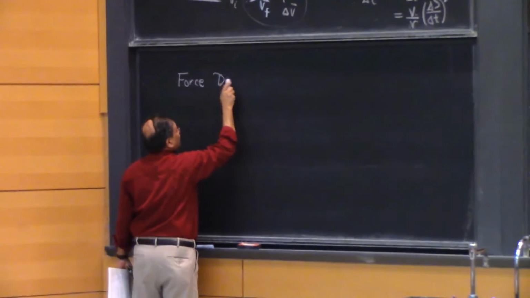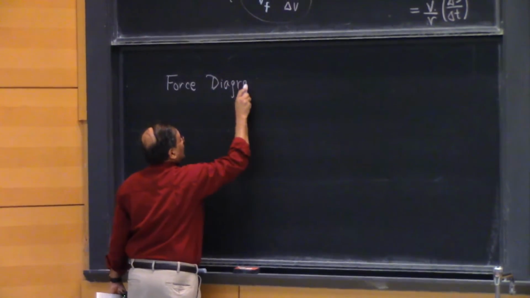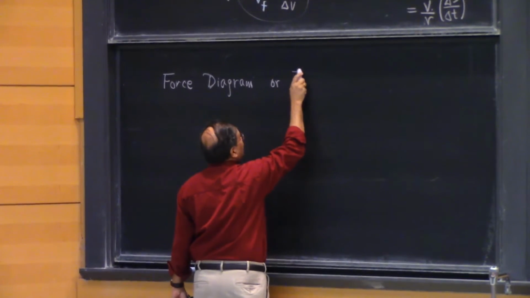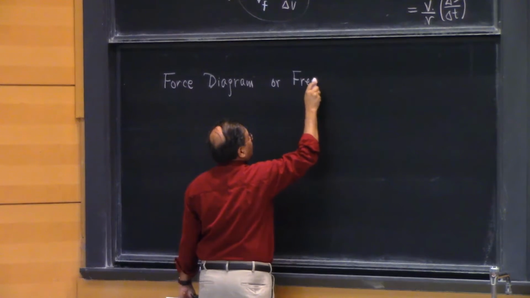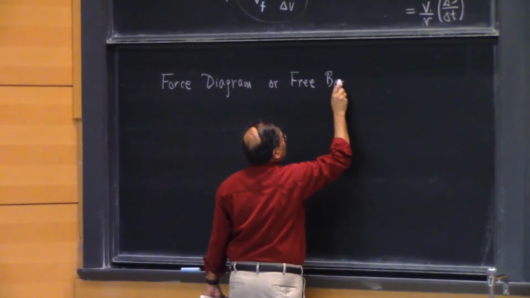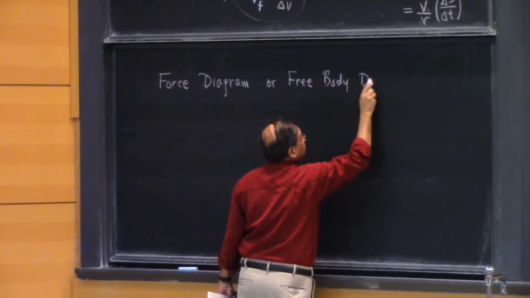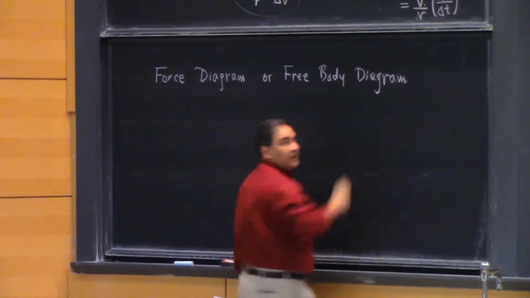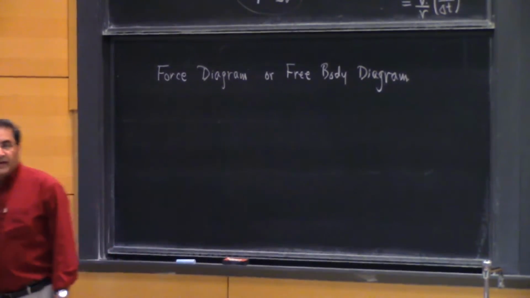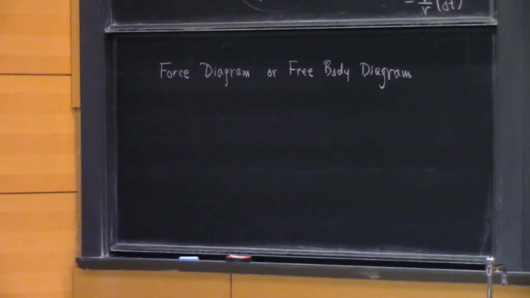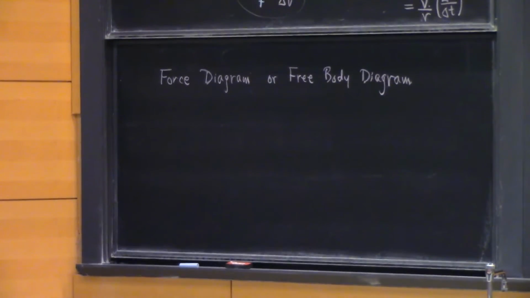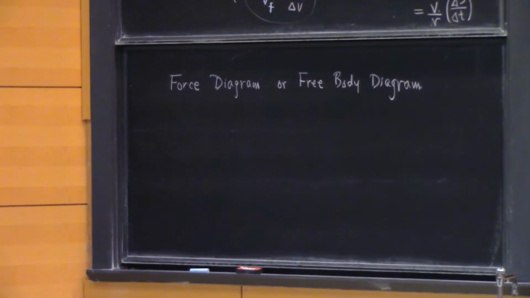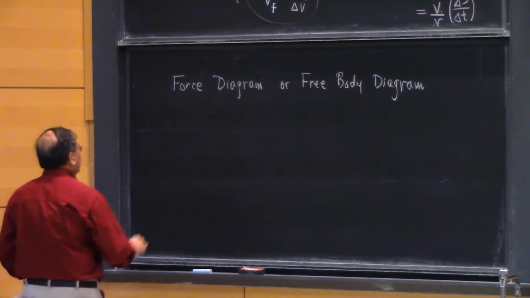One can call it a force diagram, or a free body diagram; interchangeably they are used. A free body diagram is essentially a diagram in which you are laying out the forces acting on the object or objects that you are looking at. So we did a bit of that.